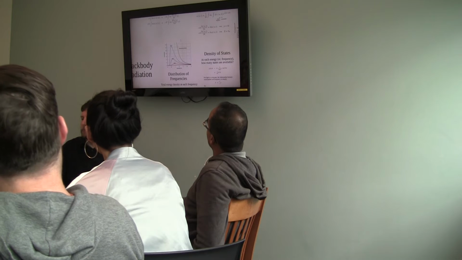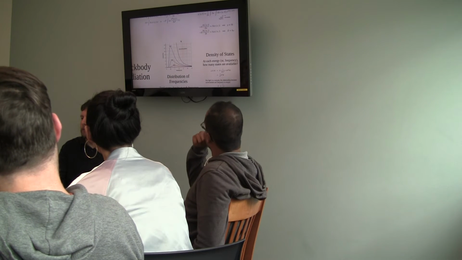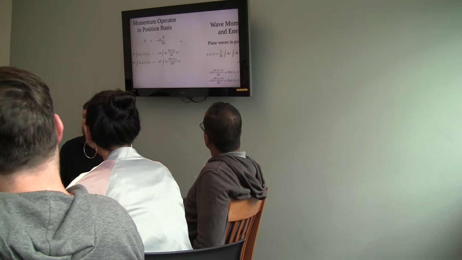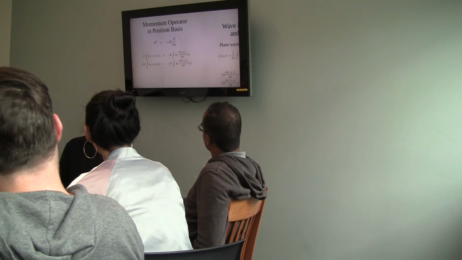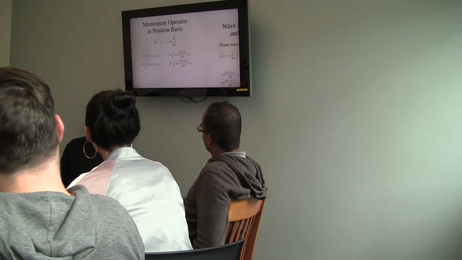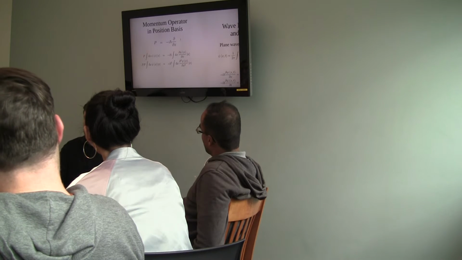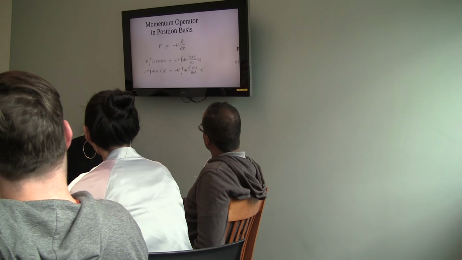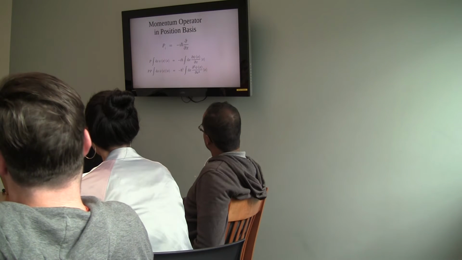People knew that things changed colors, and they wanted a way to explain how much of what color was coming out of an object at what temperature. So to go back to quantum mechanics for a second, and then we'll come back to the experimental results later.